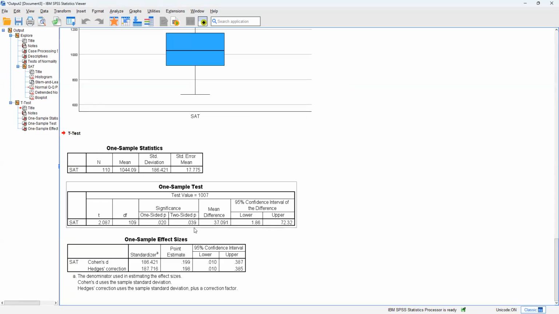So again, the criterion for determining statistical significance is that the p-value is less than 0.05, and in this case it is 0.039, so that is less than 0.05, and we can say that our t-value is statistically significant, indicating that the sample mean for Judson students, in this case 1,044, is higher than the population mean of 1,007. So our Judson students perform significantly better on the SAT than the state average in this particular year.